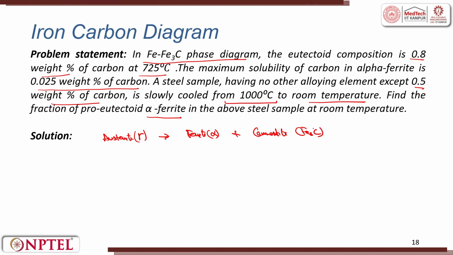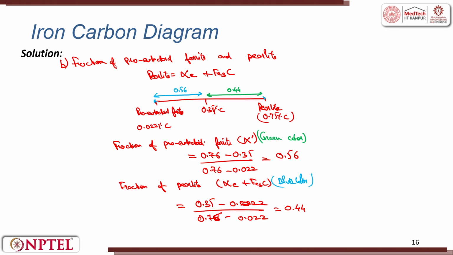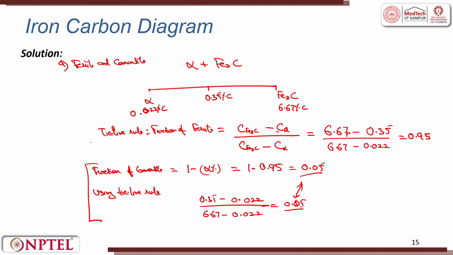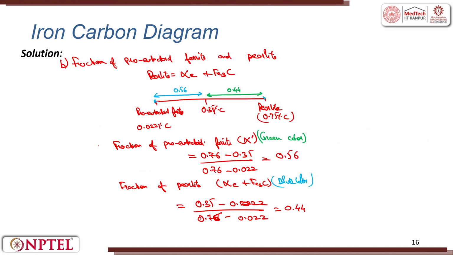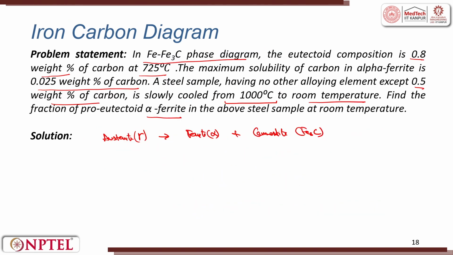So, we can again keep using the lever rule or tie line rule. I will put it here. This is the tie line rule, or we also call it the lever rule. So, this I leave for you to solve.